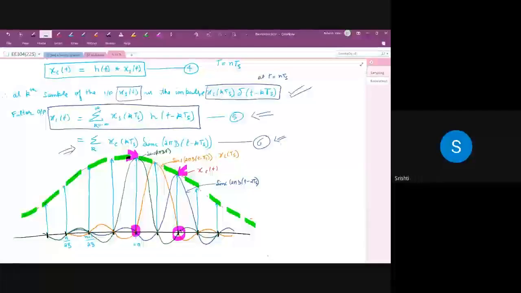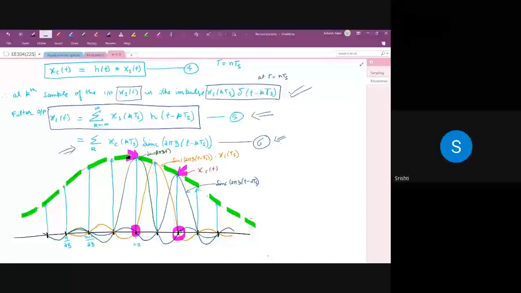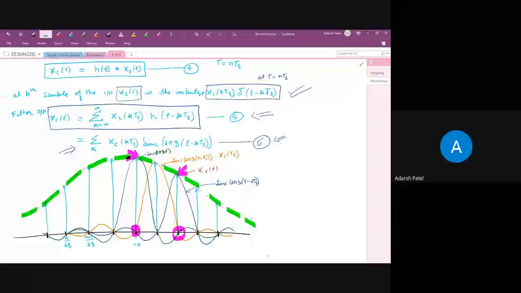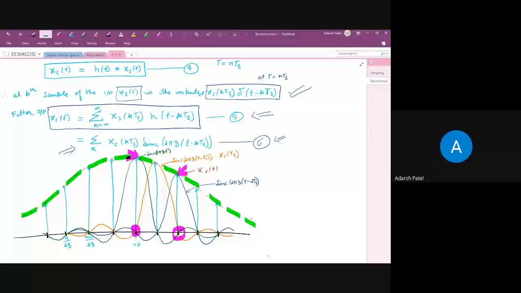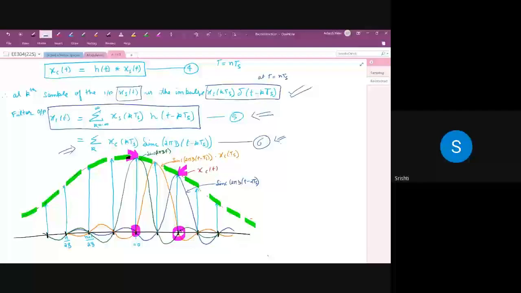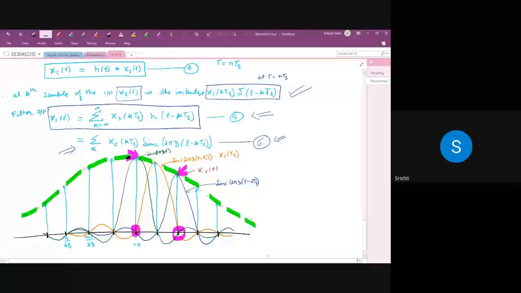Okay, sir. In equation 6, you need to have delta of t minus kT_s also, right? You're replacing x_s(t). If you multiply that again, the samples are only taken at T_s only. So that's why we need delta of t minus kT_s, right?